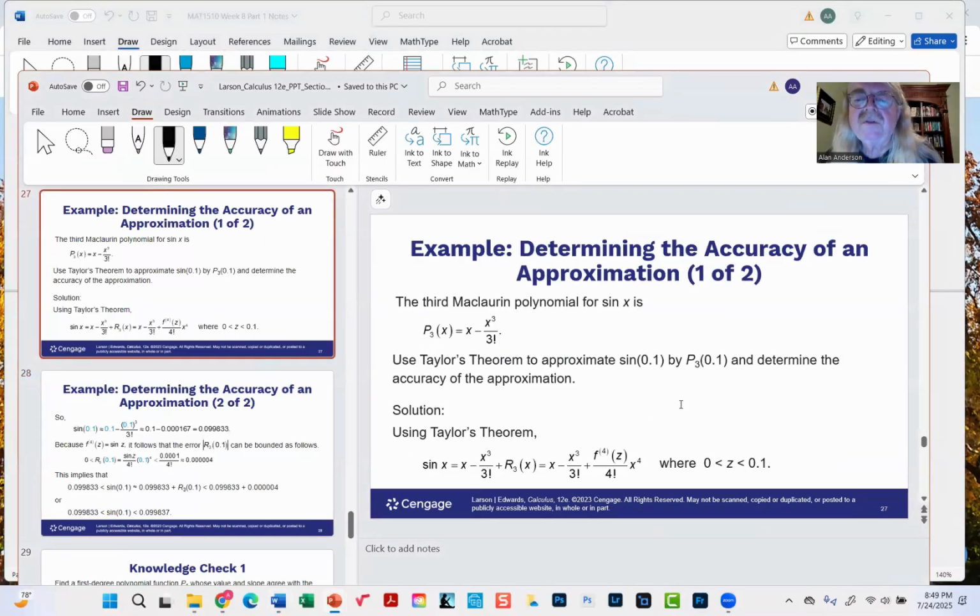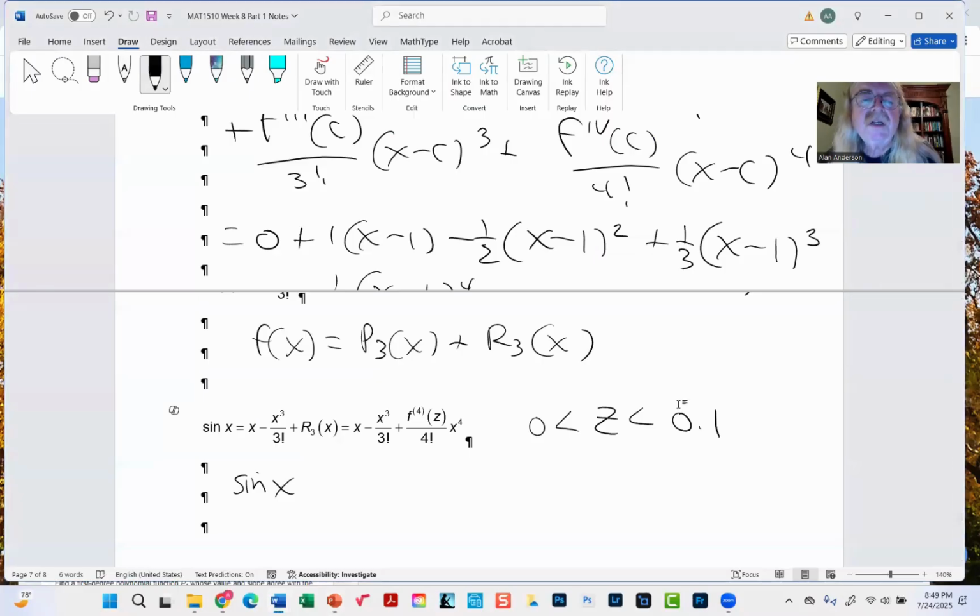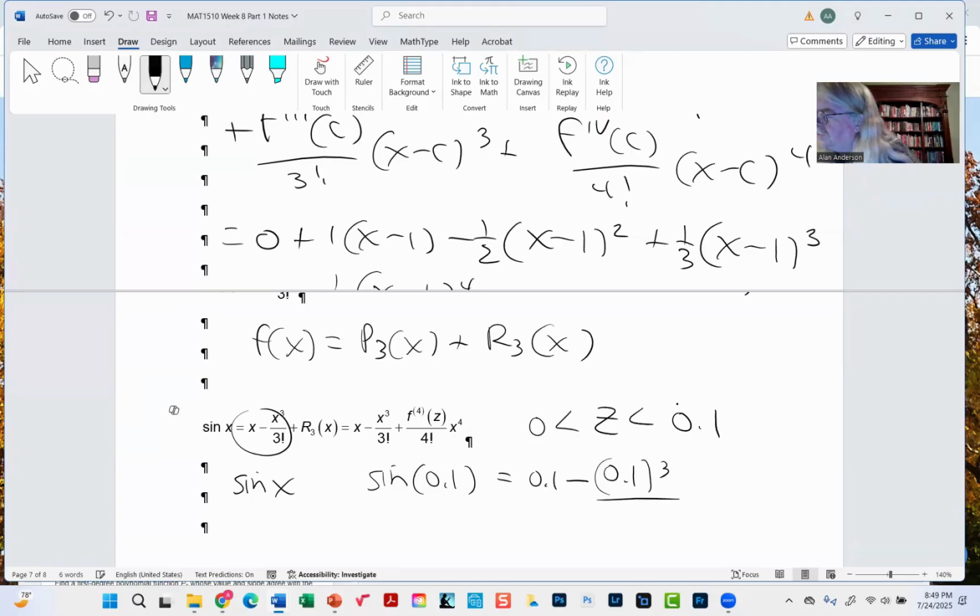Yeah, it says it right there. We're trying to find sine of 0.1. So sine of 0.1 using this formula is going to be 0.1 minus 0.1 cubed over 3 factorial, which is, of course, 6. So you take out your calculator.